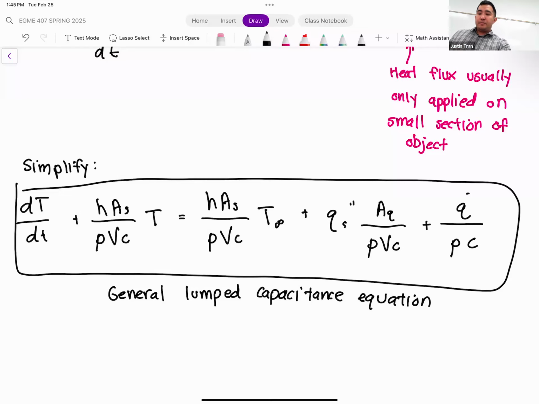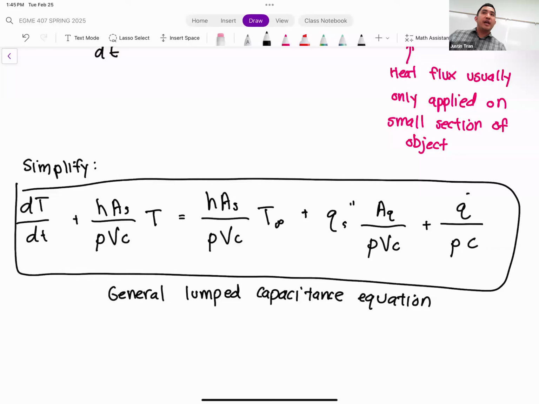Okay. So when a problem asks you to start from the general lump capacitance equation, this is where you would start. You can plug in the numbers if the problem gives you numbers, to make that simpler. But this is your starting point. Now, you're not going to use every single one of these terms in every situation.